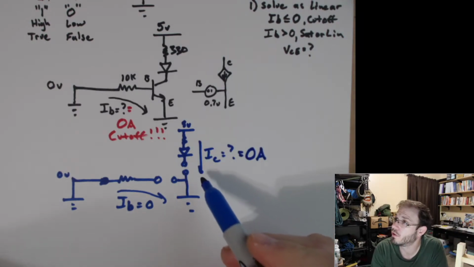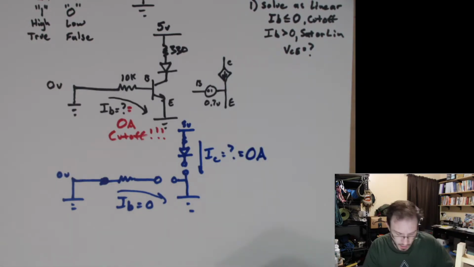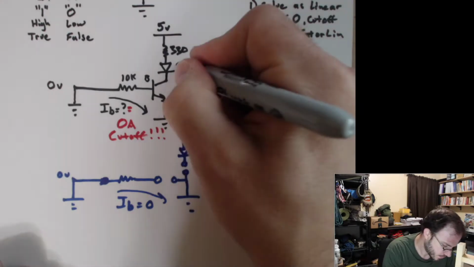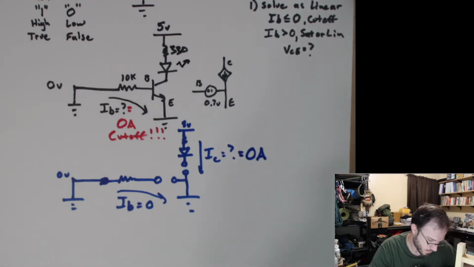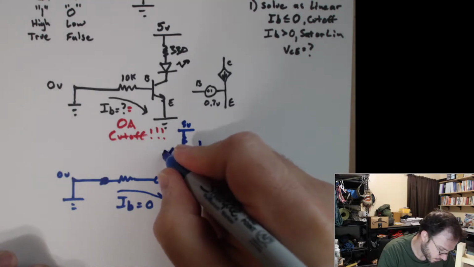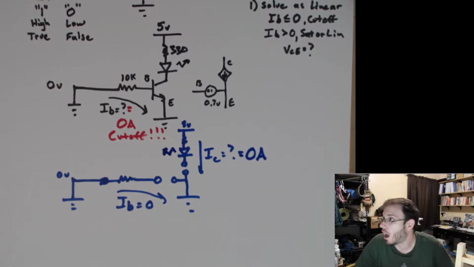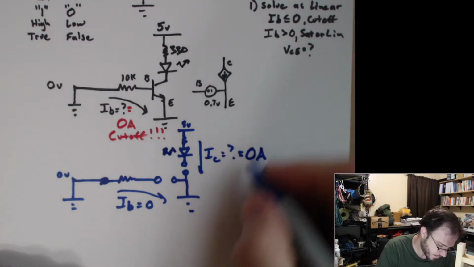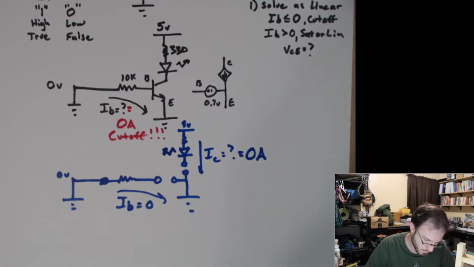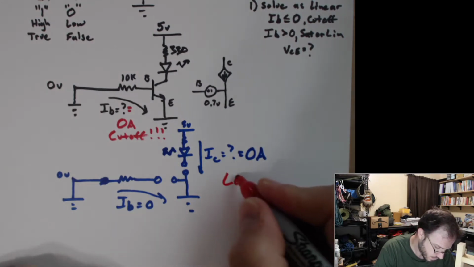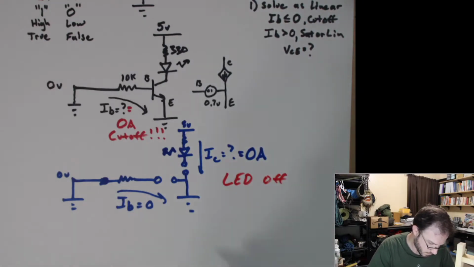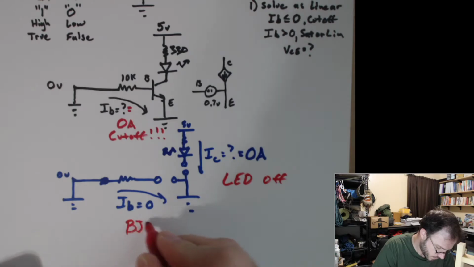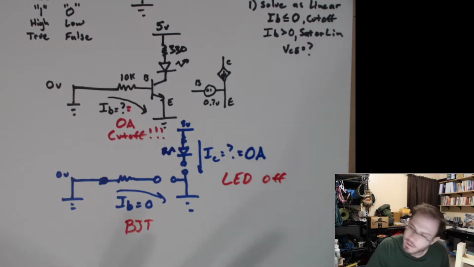We have 0 current flowing through it. So is this LED on or off? It's off, right? So we can say in this case that the BJT is behaving like an open switch.